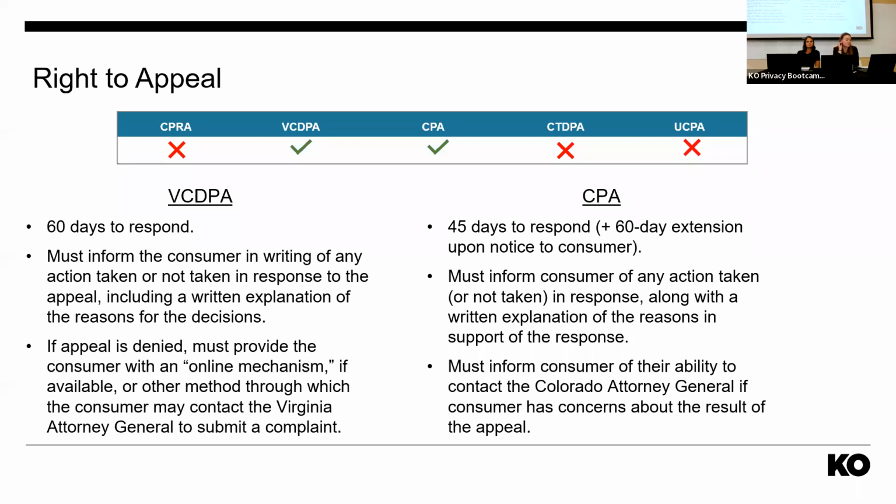Instead, it's within a reasonable period of time. So it's a squishy standard as to when a consumer can come back and make an appeal. And there's no guidance yet around what that actually means. So it'll be important to make sure that any denials are carefully considered and then also documented to the extent that you do receive an appeal in either of these states.